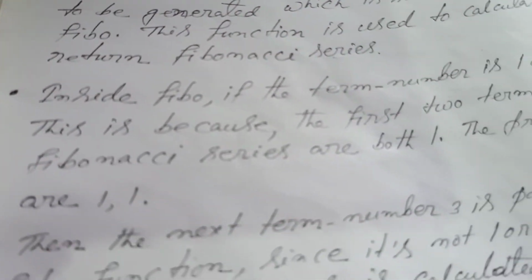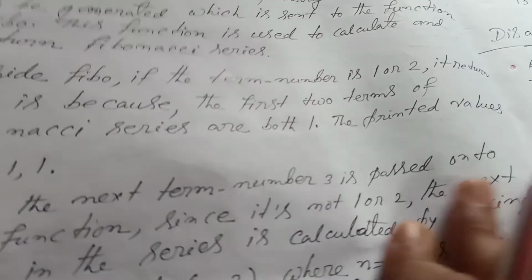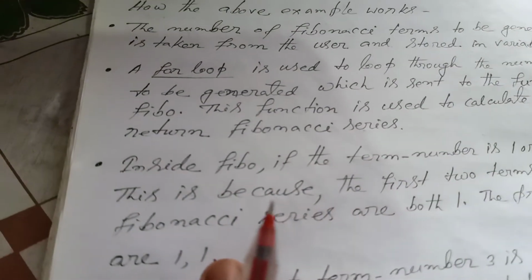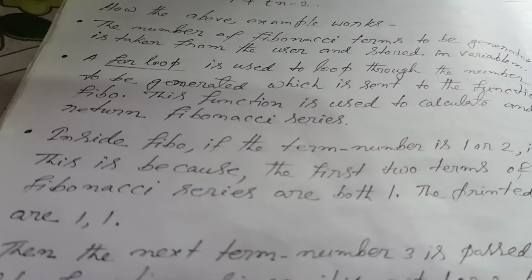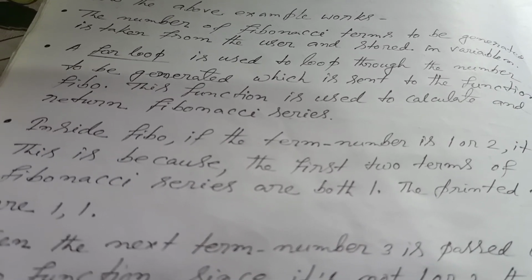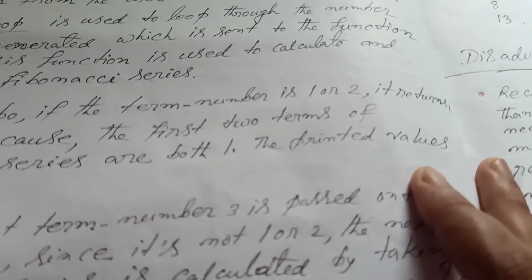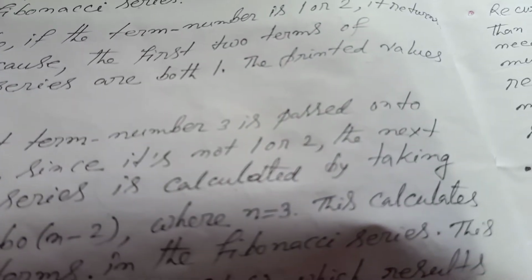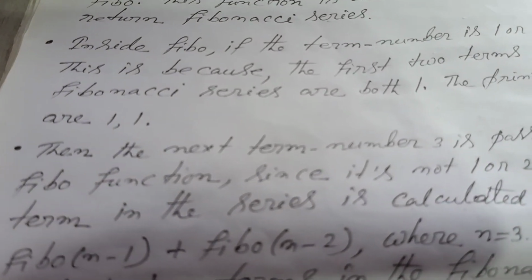Okay, so inside the Fibo, if the term number is 1 or 2, it returns 1. This is why the first two terms of the Fibonacci series are both 1. As per the definition of the Fibonacci series, the printed values are 1 1. Then the next term, 3, is passed on to the Fibo function.